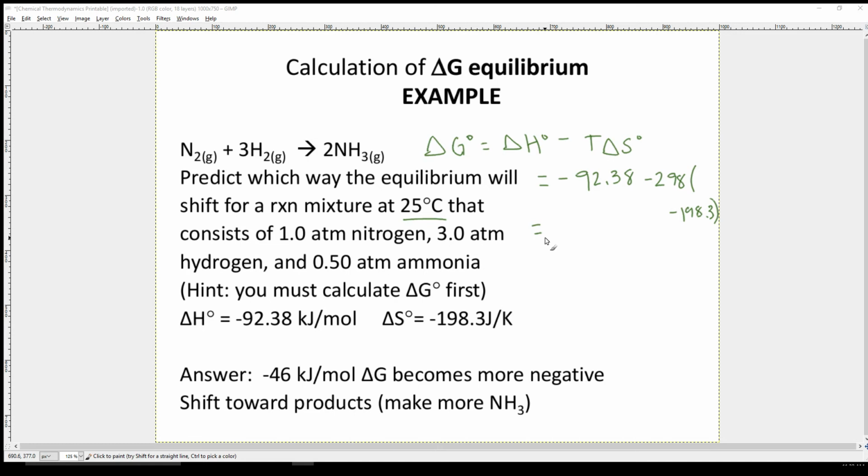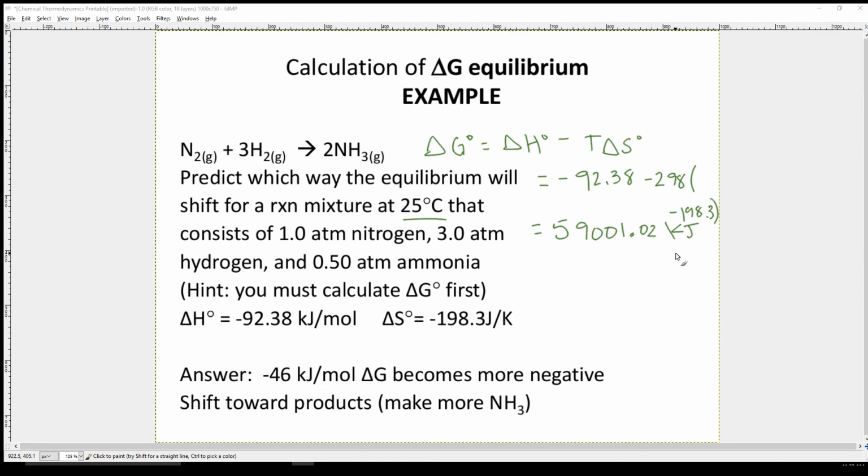It's messing me up. 92.38 minus 298 times negative 198.3 equals. Okay, ooh, that's a big number. 59001.02. Okay, this is our delta G standard.